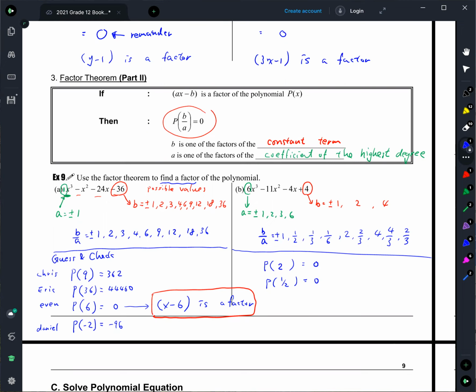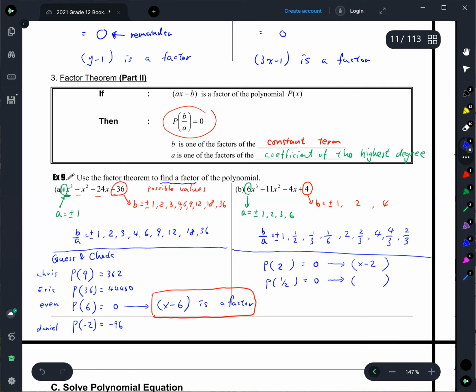Okay, so let's write out the factor then. If P of 2 makes it 0, that means the divisor should be x minus 2, the factor. x minus 2 will give you 2. Now, this is the first time we have a fraction. So how do we write out the factor then? If 1/2 makes it equal to 0, Philip, how do you write a factor? x minus half.